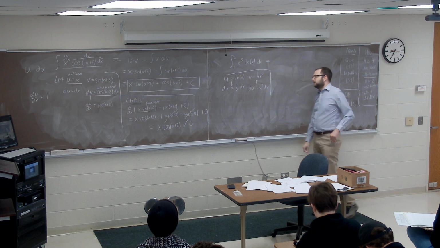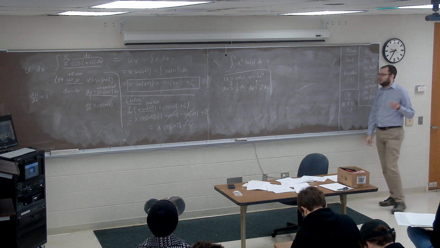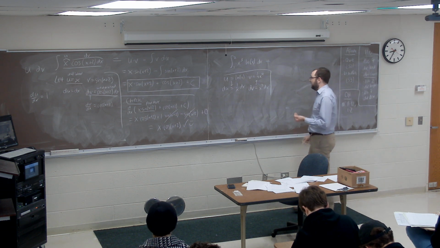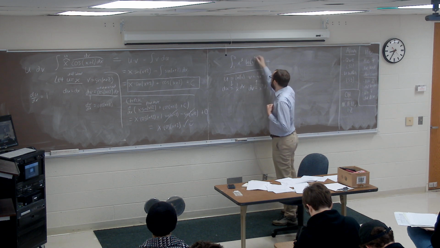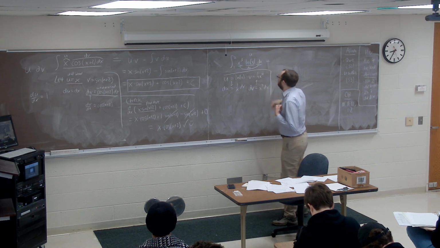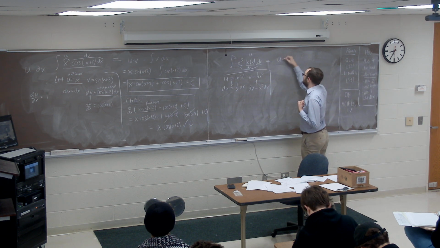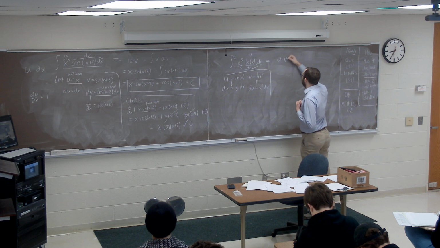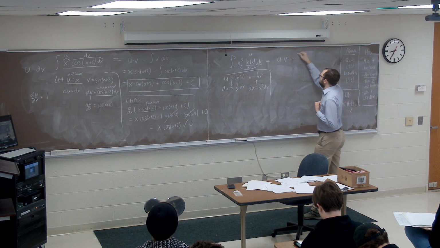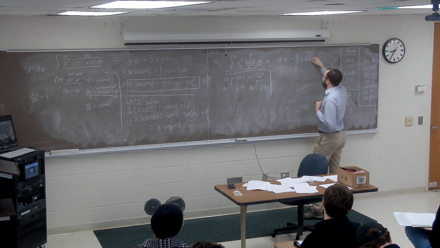So we've taken our u dv integral, where this was our u and that was our dv. Now we can use, or at least try to use, our integration by parts formula to write this as uv minus the integral of v du.